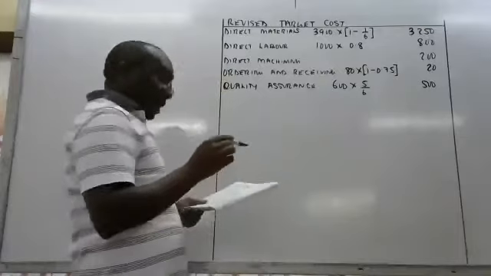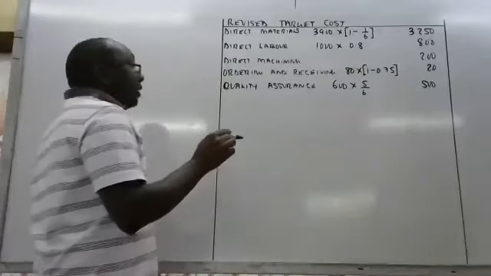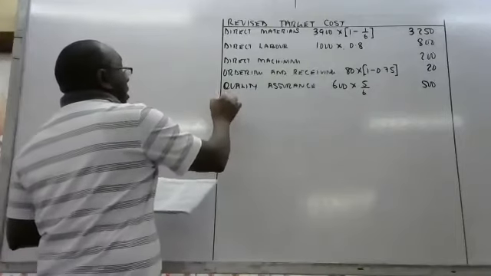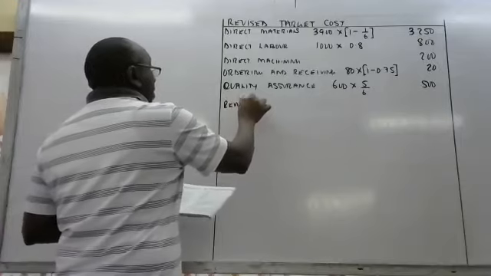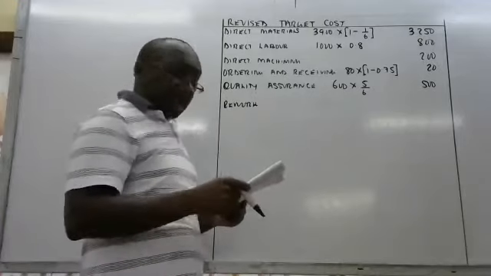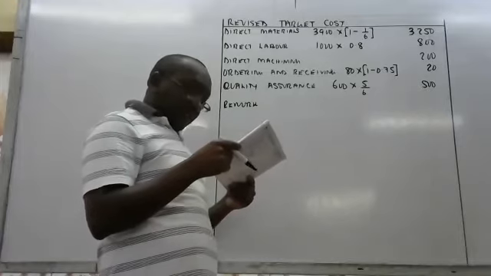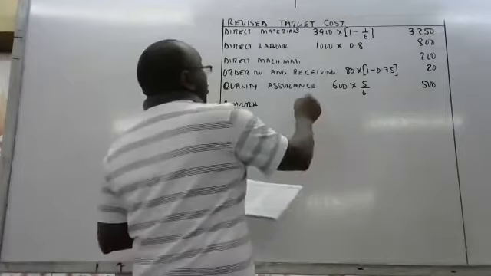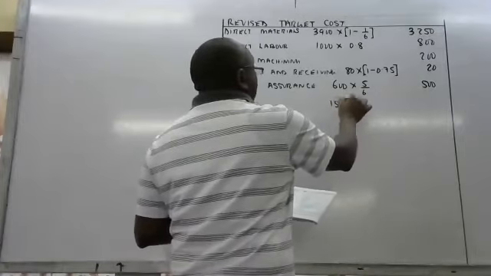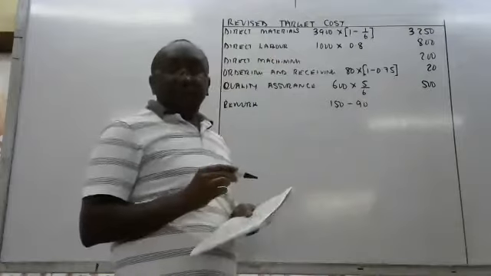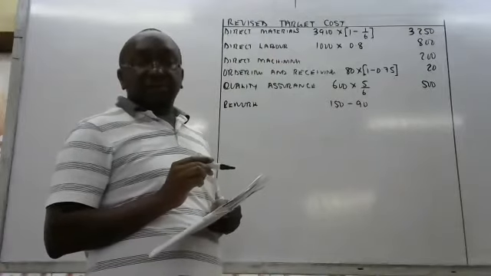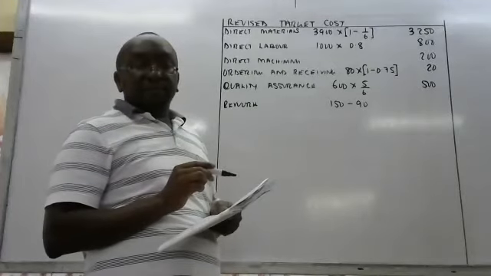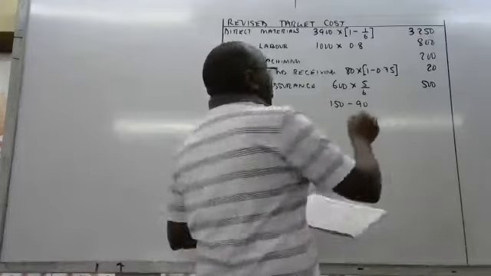The next one is rework. We are told it is currently 150 and it is reduced by 90. So it is 150 minus 90, that is how much? That is 60.